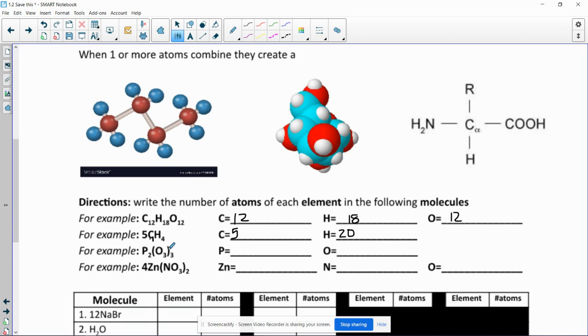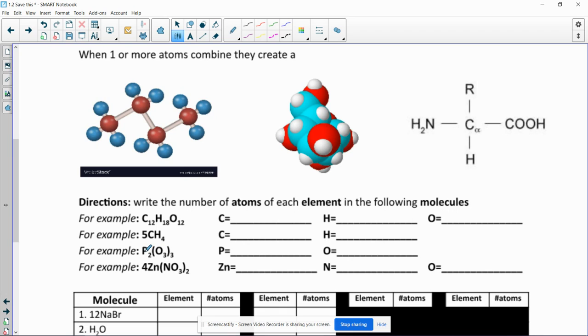Down here, there's another new thing. It's when I have a parentheses. So this parentheses right here, there's a new number here, the 3, a new subscript. That 3 right here only goes with the things that are inside of the parentheses.